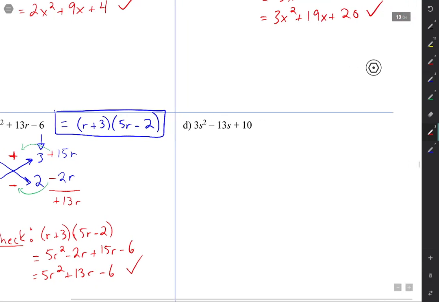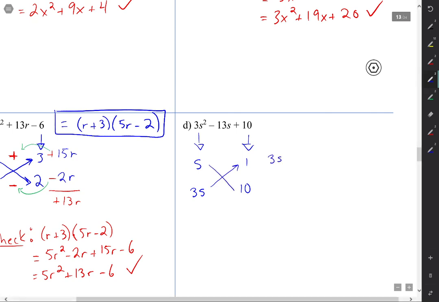And here's the final one we're going to do. So we can do s times 3s. And to split up the 10, we're going to do 1 times 10 for this one. So we have 3s times 1, that'll give us 3s, and s times 10 gives us 10s.